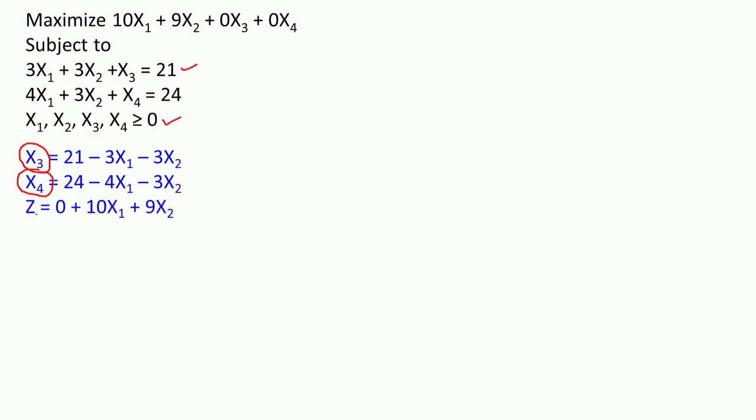Now, this z, which is the objective function, can be increased if we increase x1 or we increase x2. Both x1 and x2 are at 0. So, if we increase x1, the rate of increase is 10, and if we increase x2, the rate of increase is 9. So, we start with increasing x1 because it has a larger rate of increasing the objective function.